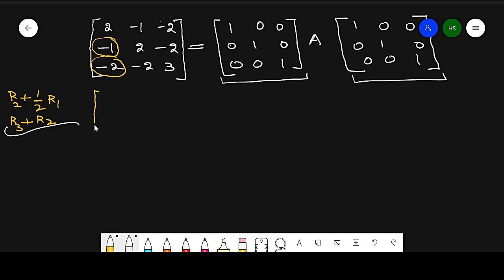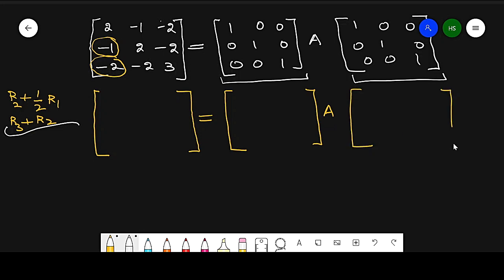So be careful. I will apply the row operation, and this will be applicable to the first matrix. In this case, the first row is the same, 2, minus 1, minus 2. The third row is just adding these two, so this will be 0, minus 3 and 1.